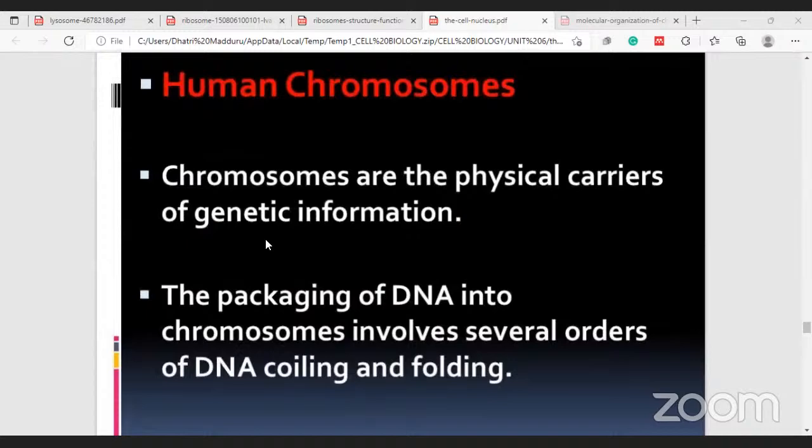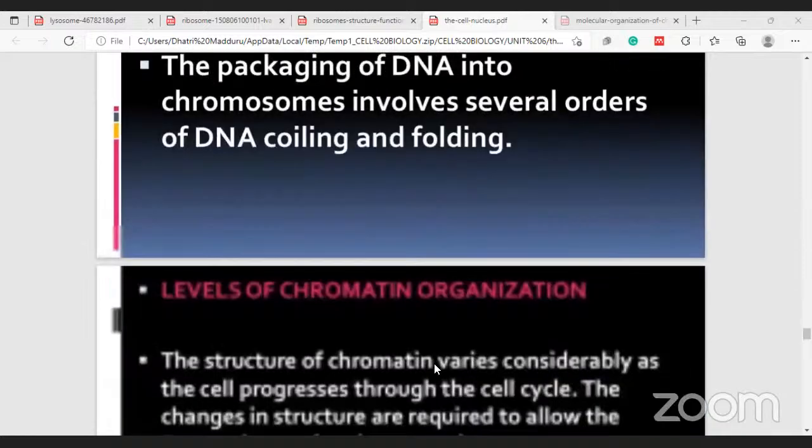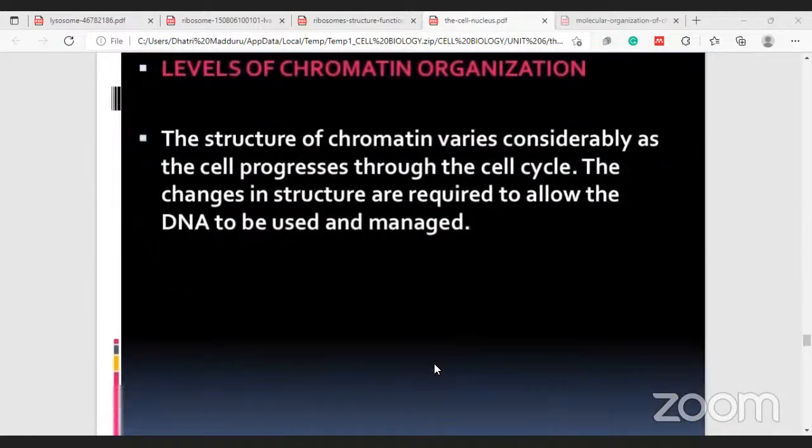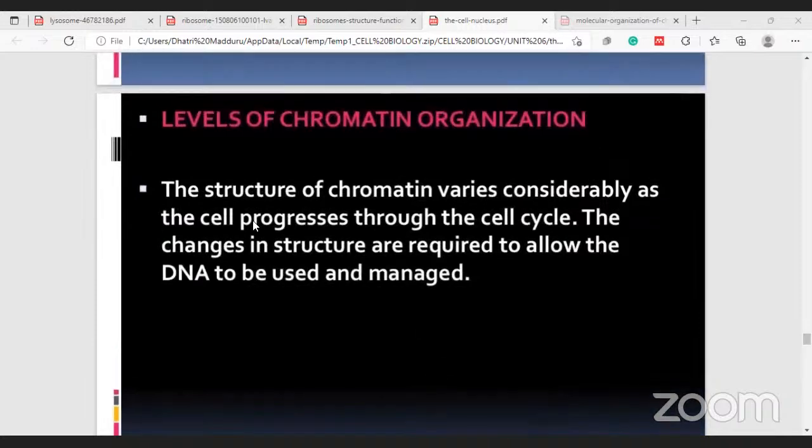Chromosomes are the physical carriers of genetic information, and the packing of DNA into chromosomes involves several orders of coiling and folding. The structure of chromatin varies as the cell progresses through the cell cycle.